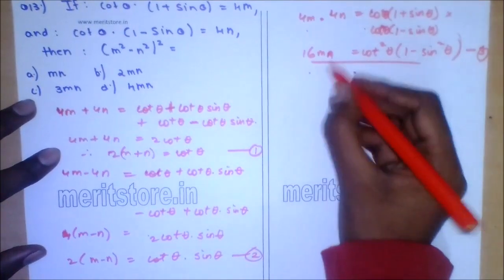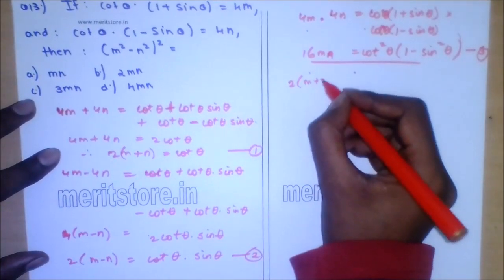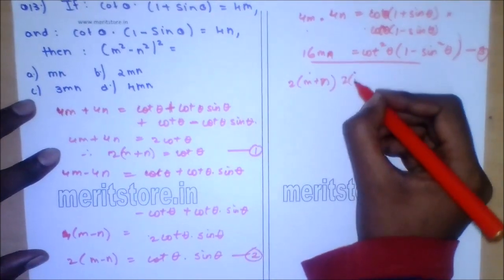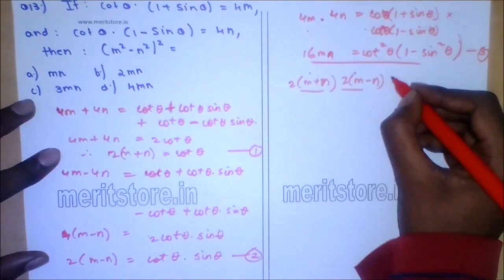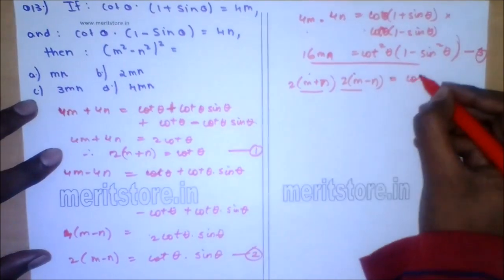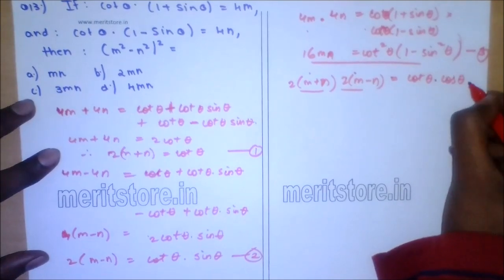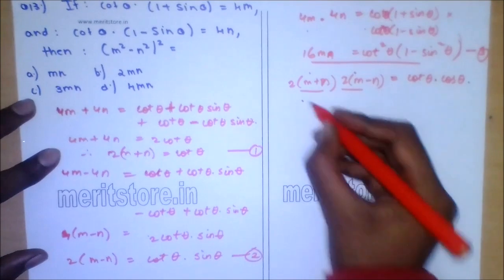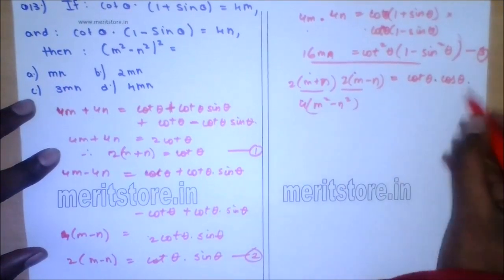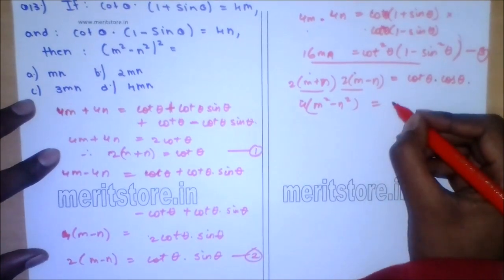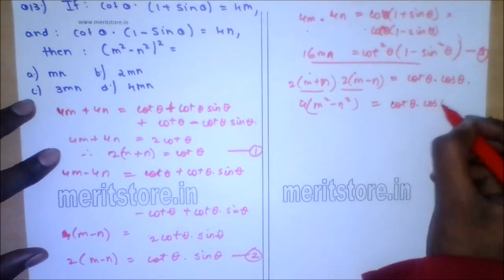So now we multiply equations 1 and 2. So we get 2 into (m + n) into 2 into (m − n). From this we will be getting m² − n². So this is equal to cot θ into cos θ. So 4 into (m² − n²) is equal to cot θ cos θ.